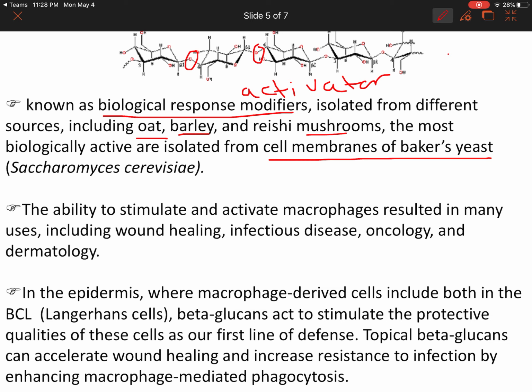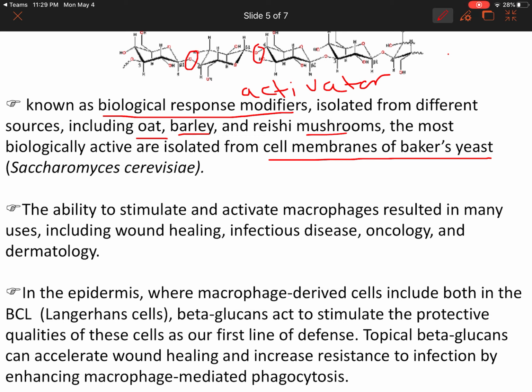Please remember the difference between this and another one that is also derived from baker's yeast, but not from the cell wall or the cell membrane. We'll see from where we're gonna get the other examples of the rejuvenating agents.